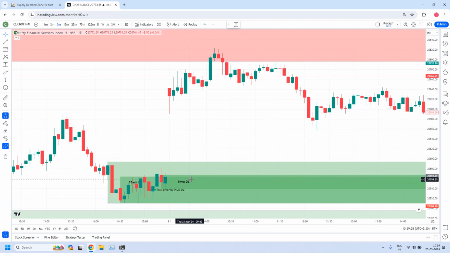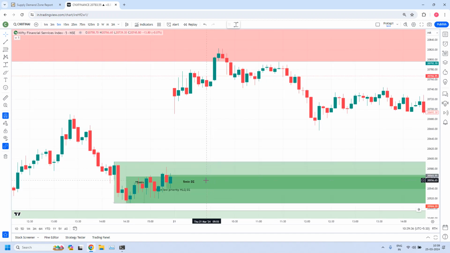Okay, see, you may take an entry here, but you will keep your stop loss at the 15 minutes level because you are taking a DIT trade. You will take the entry at the proximal line of the 5 minutes time frame.